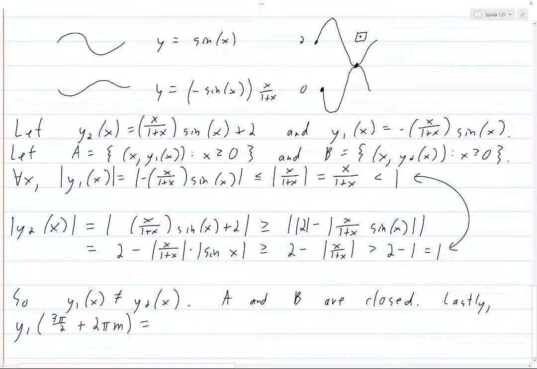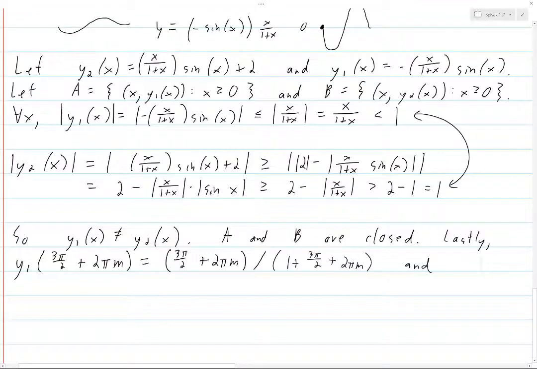If you take sine of 3 pi over 2, you're going to get minus 1, and so that's going to cancel, and you're going to get positive 1. So y1 at that point is 3 pi over 2 plus 2 pi m over 1 plus 3 pi over 2 plus 2 pi m.